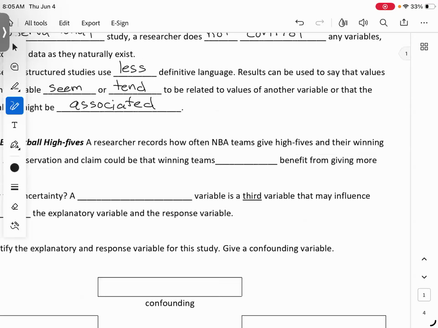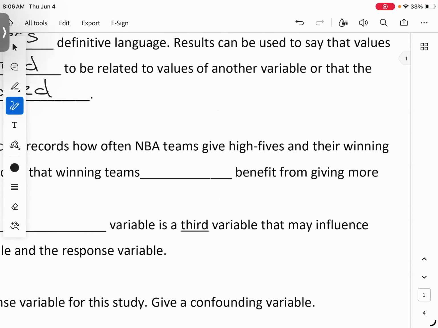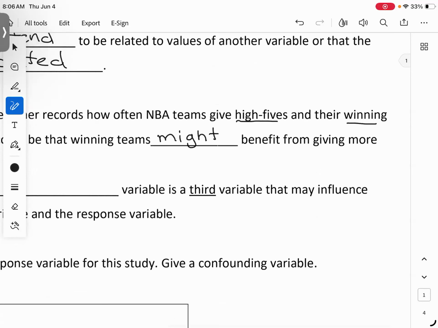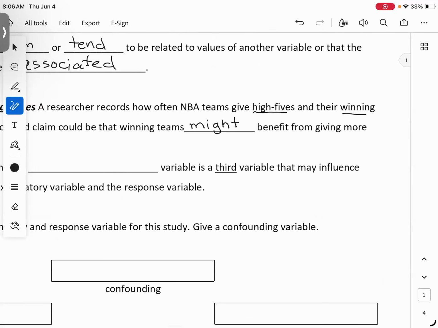And so, high fives might be leading to winning more. The conclusion or statement that might be said about this is still with that tone of not super definitive language. It's like, hey, if your team is doing more high fives, it might pay off in that you win more often.